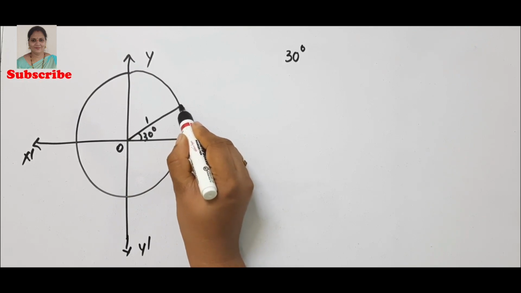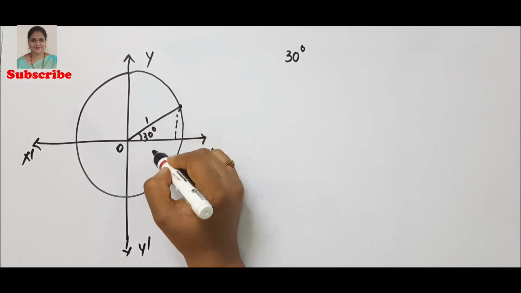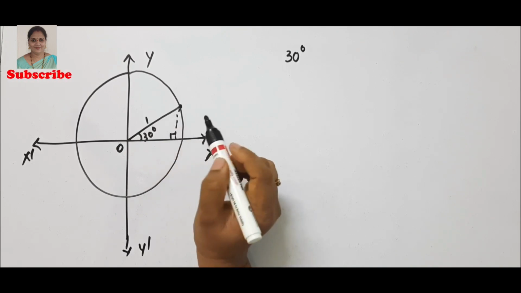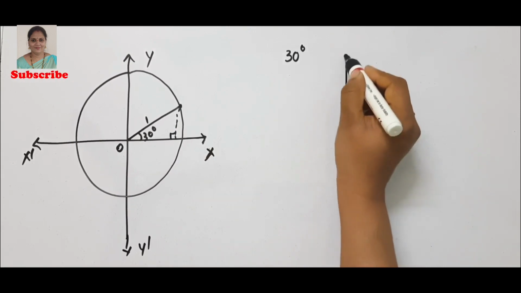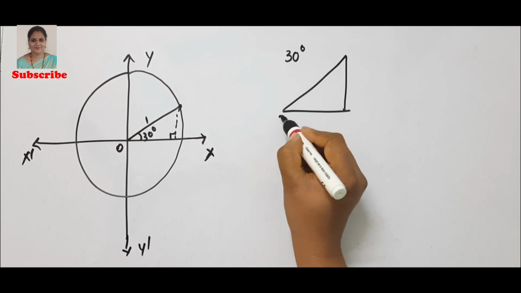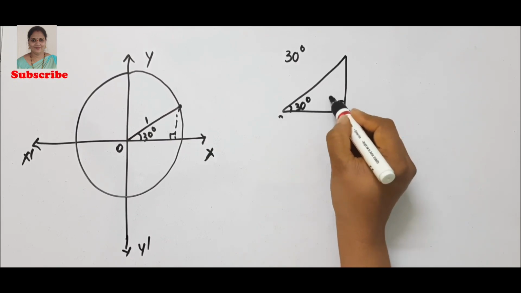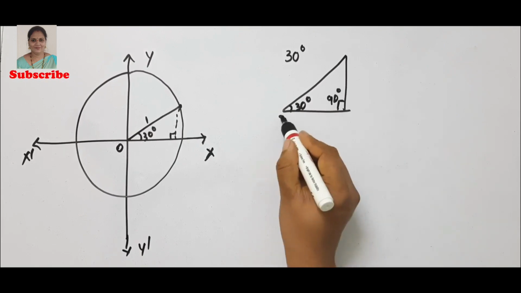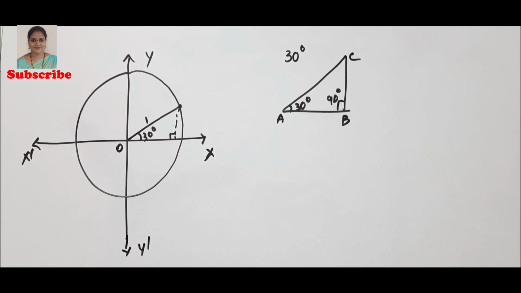To get the value of this point, draw a perpendicular from here to here, so that it becomes a right angle triangle. So this becomes 90 degrees. Let us draw a rough diagram. This is 30 degrees. This is 90 degrees. Let this point be A, let this point be B, let this point be C.